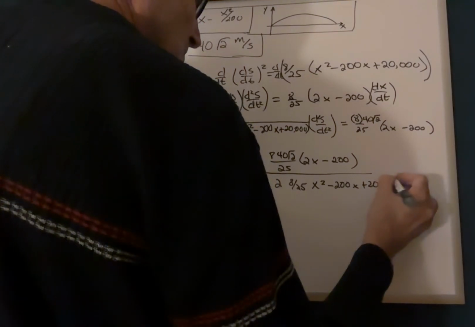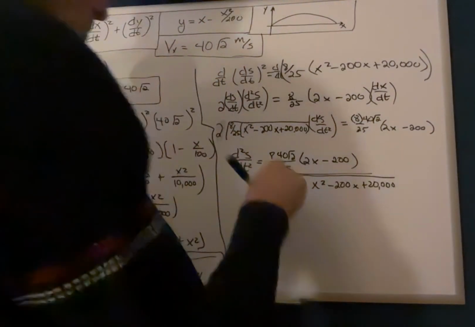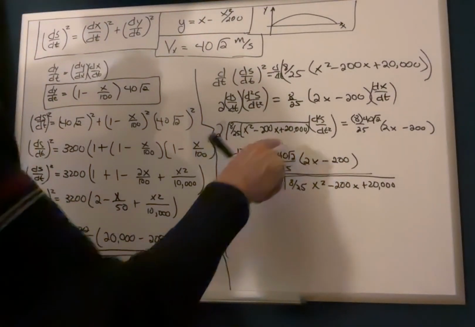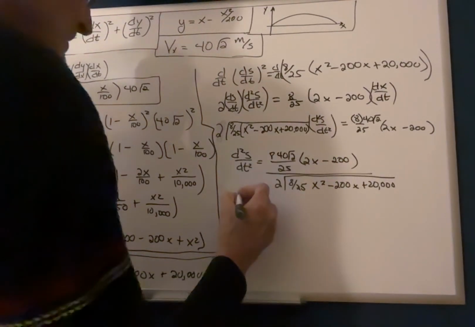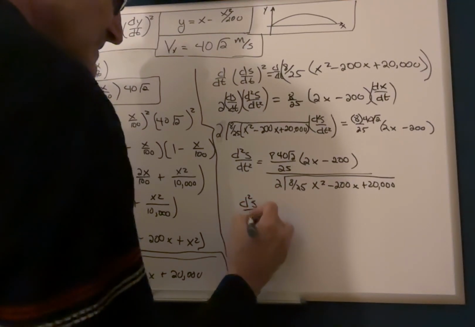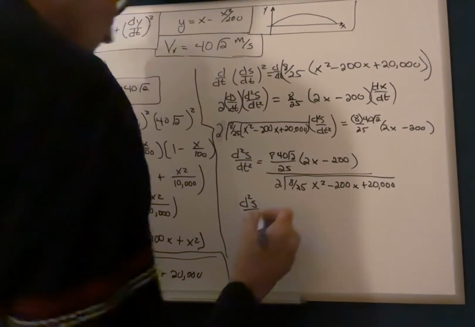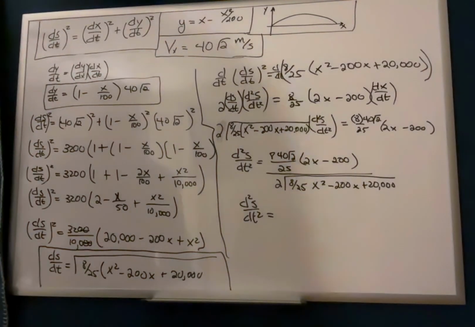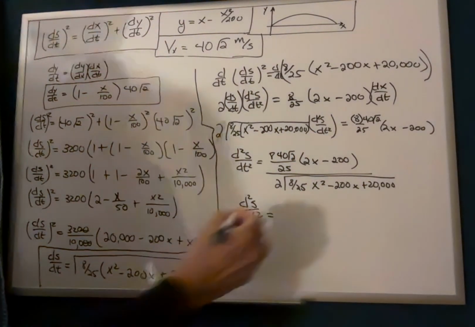Once we do all the algebra inside here, I'm not going to go through all that, but once you do it, this becomes ds/dt squared. It comes out to be a nice little number, which is basically 32.